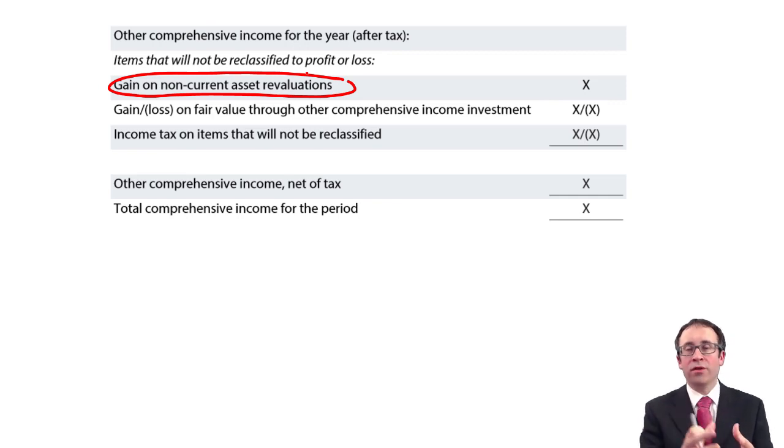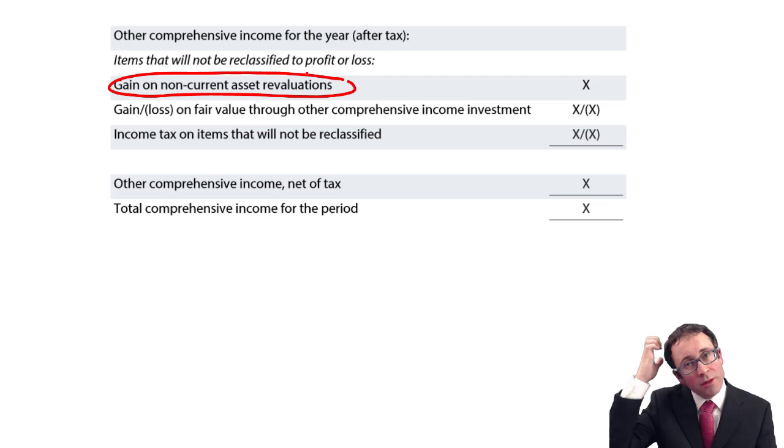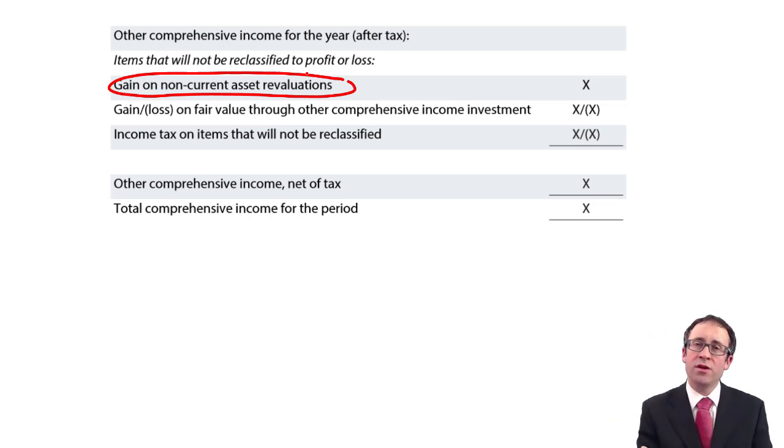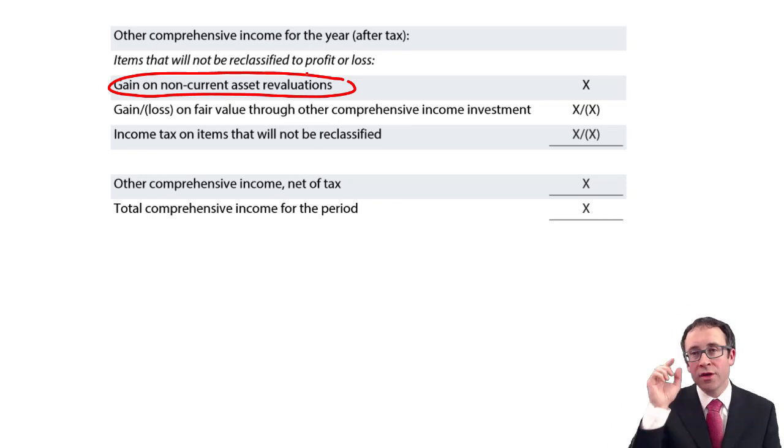If you think about what deferred tax is, the future tax consequences due to a transaction that has occurred in the current year. Well, our transaction is the gain on the property, plant and equipment, and that will give us a future tax consequence, won't it? We will pay more tax in the future.